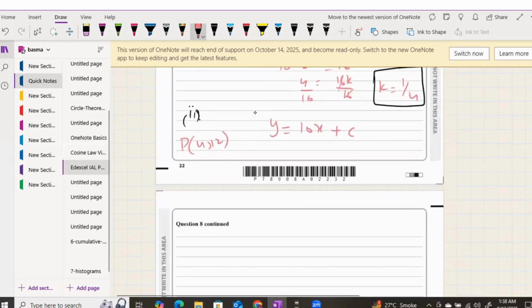So we substitute y as 12 equals 10 times x as 4, plus c.